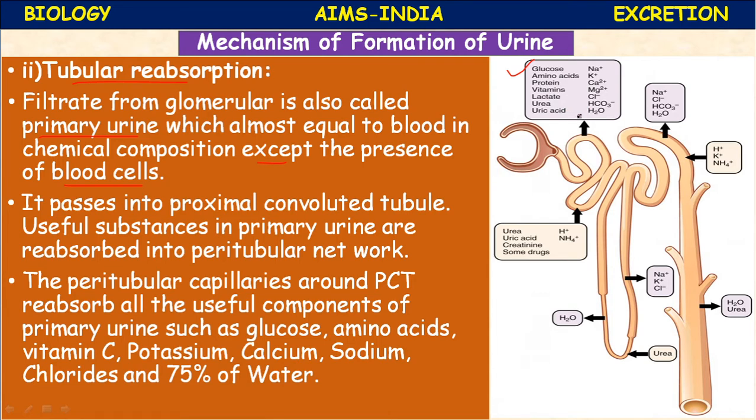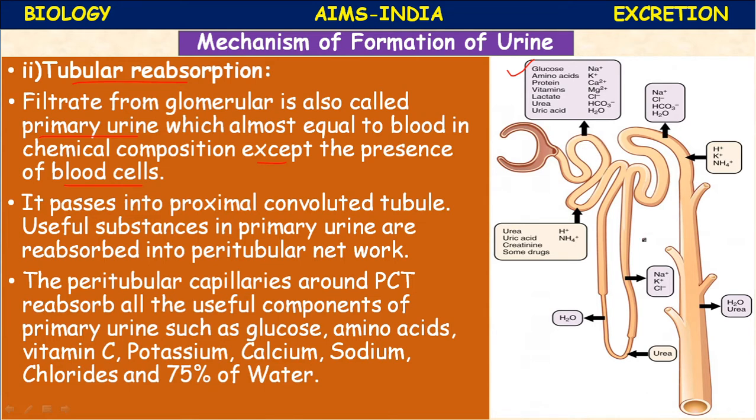Out of these, glucose is reabsorbed, some amino acids and some proteins are reabsorbed, and vitamin C is reabsorbed. Lactate, lactic acid, is an unwanted substance only. These are in the form of ions. Some sodium, potassium, calcium, magnesium, bicarbonates, chlorides and water are reabsorbed. 75% of water is reabsorbed in the proximal convoluted tubule.